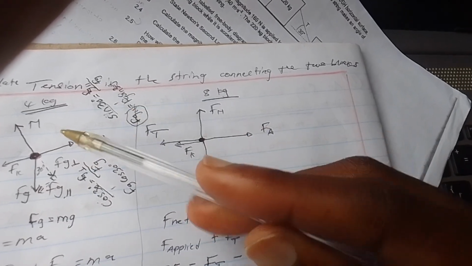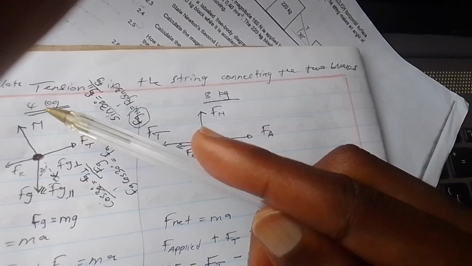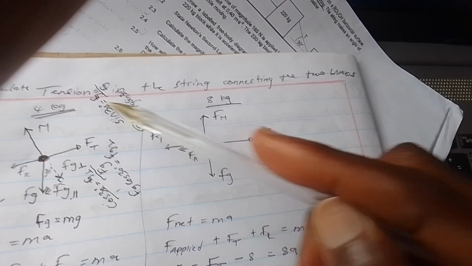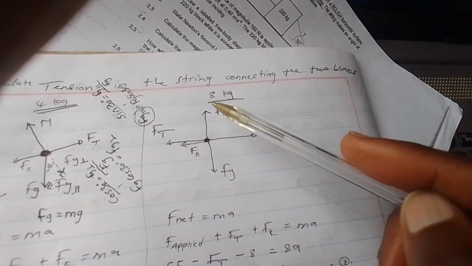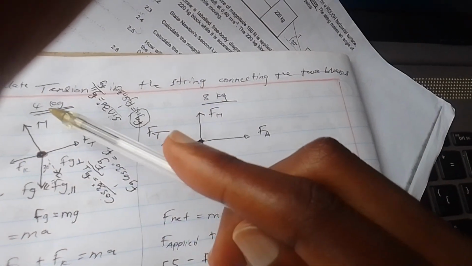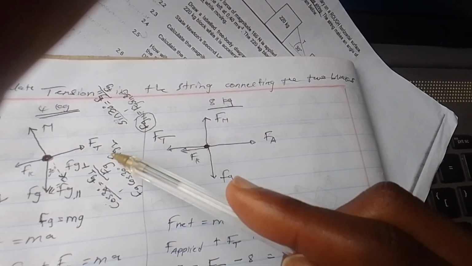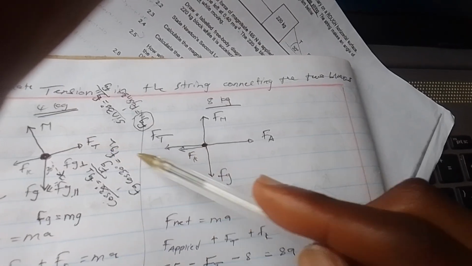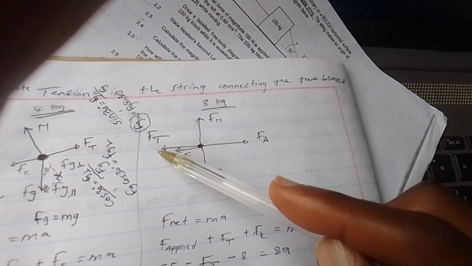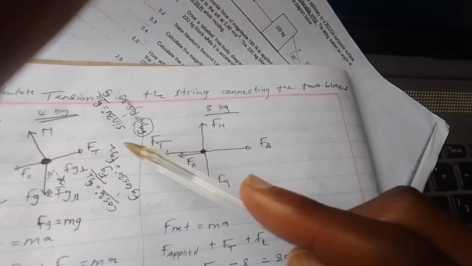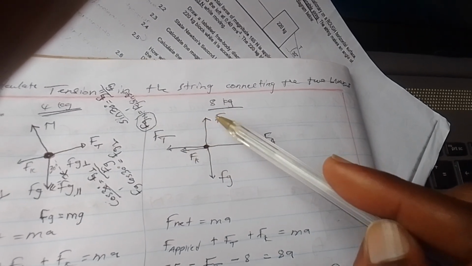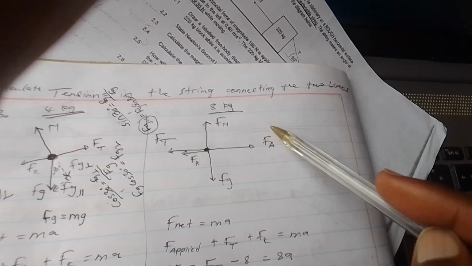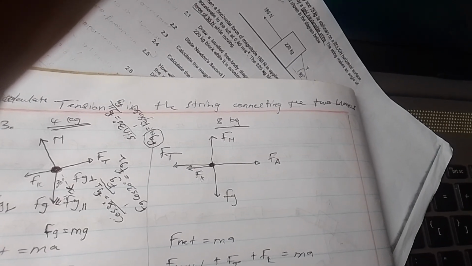But you can see that the masses are not equal. 4 kg is smaller than 8 kg, so our 8 kg block will always have power over our 4 kg block, because the only force acting on our 4 kg block is FT, the tensional force, which is pulling it upward. The force acting on our 8 kg block is 55 newtons, and they say that the block is accelerating to the right.